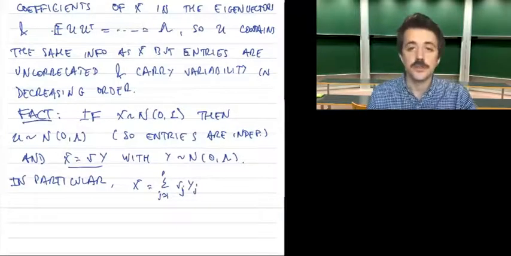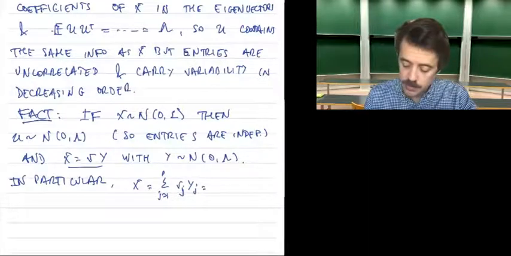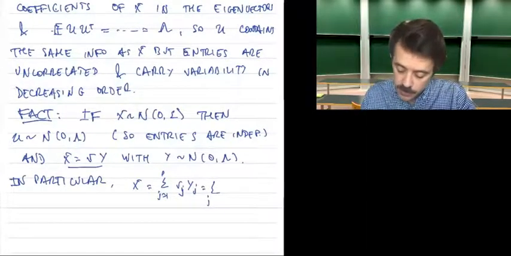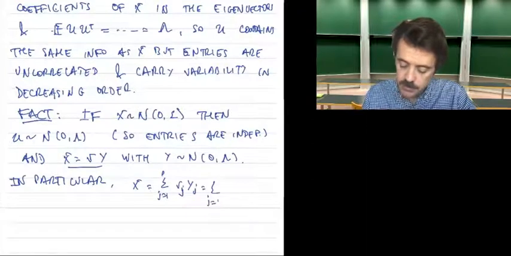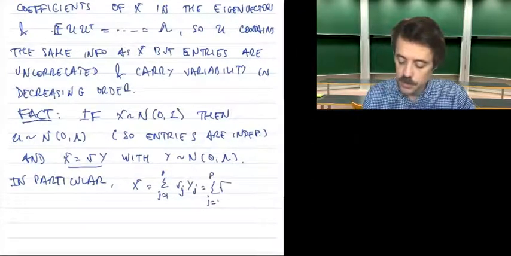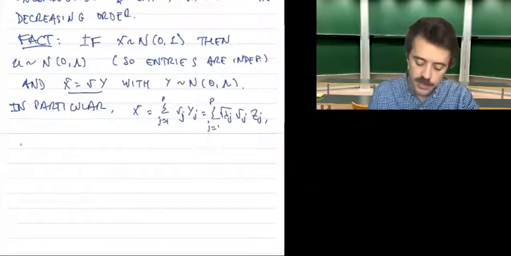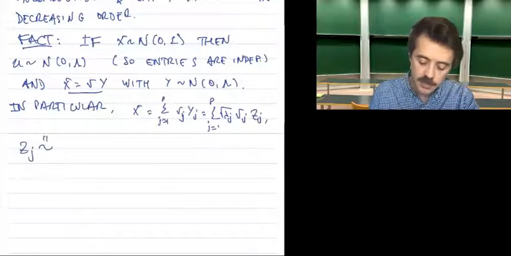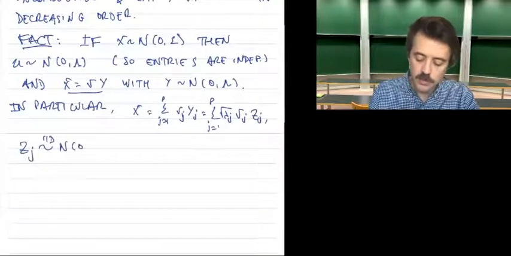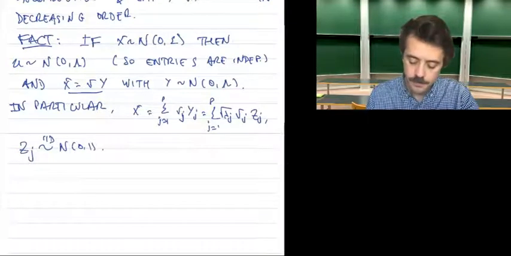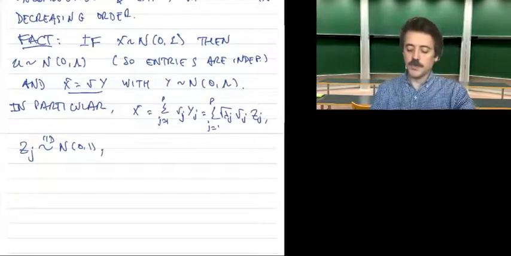That shouldn't be surprising. And through the covariance matrix of the Yj, this is just the same as writing the square root of lambda j, Vj, and then Zj, where the Zj's are IID standard normals.